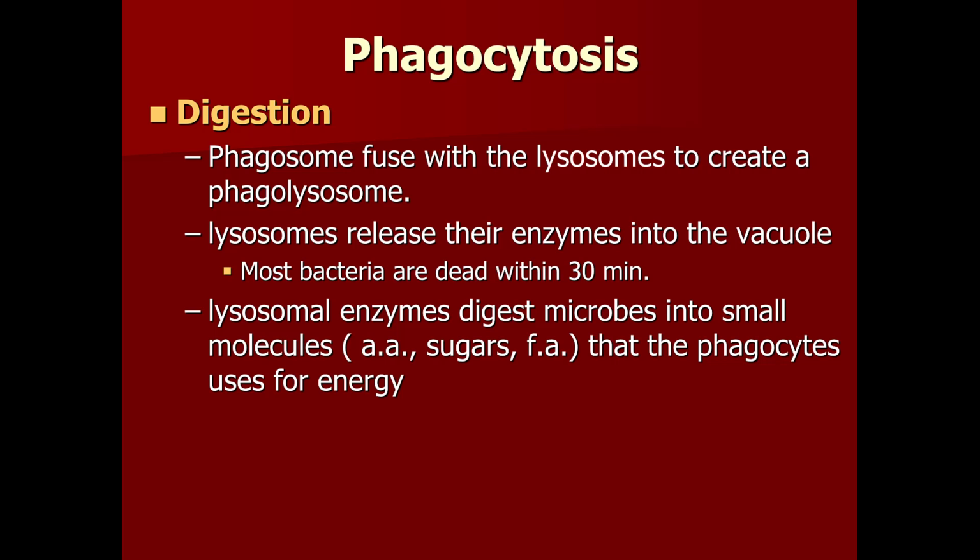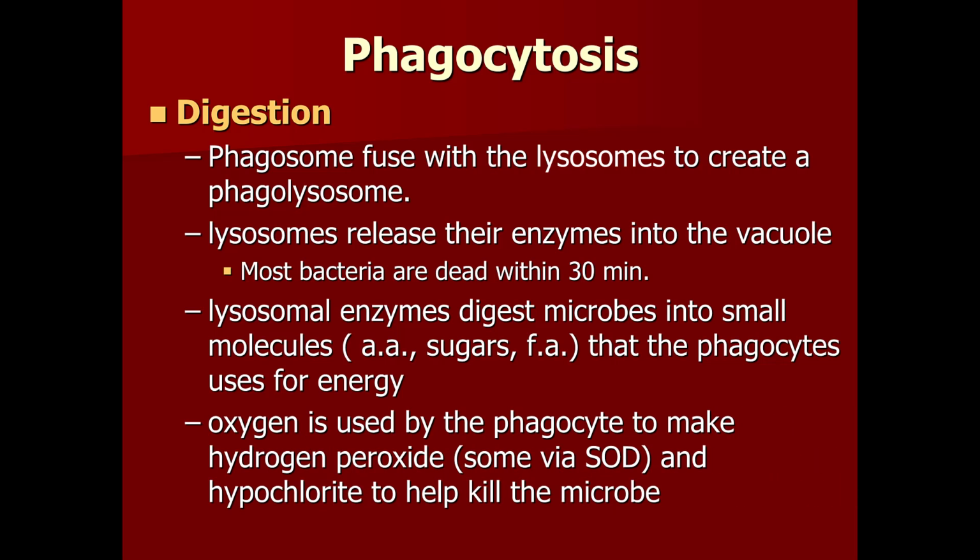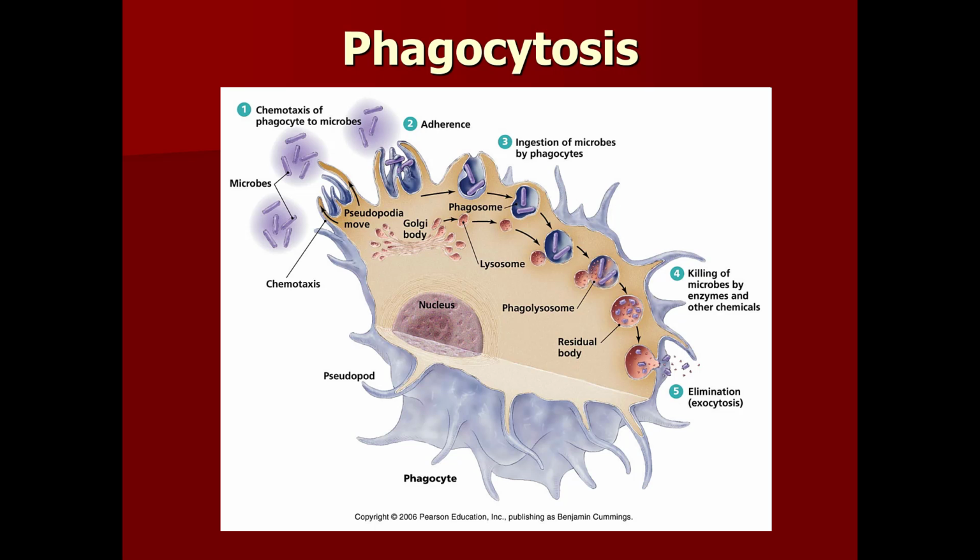The phagocyte can also use some of the breakdown products, small molecules like sugars, for energy. And there are disinfectants, so to speak, that your body can make. We kind of talked about the use of toxic oxygen, such as hydrogen peroxide, and even hypochlorite, bleach. Your body can make the anion, which helps kill microbes.